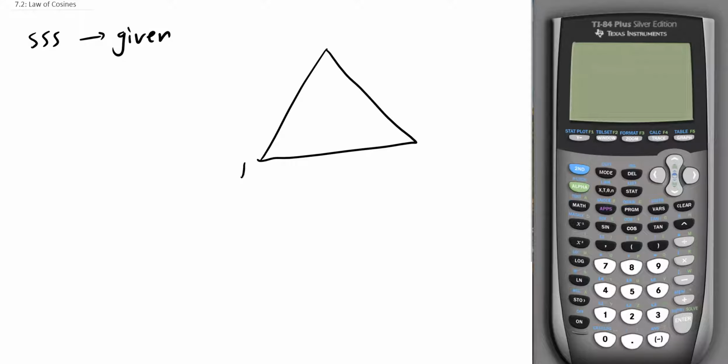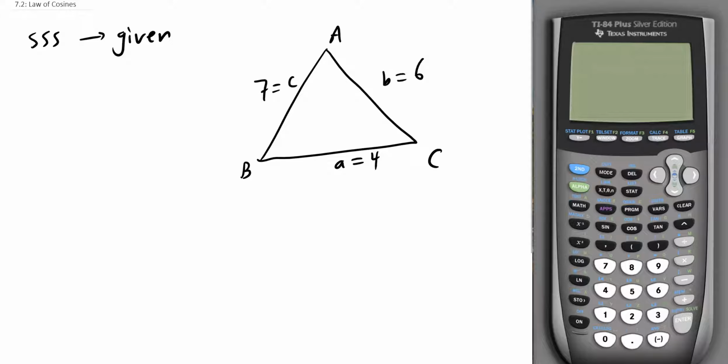Now the question is, what if we run across a case where the three sides are given. So let's say we have triangle ABC, and just randomly, let's pick the numbers 4, 6, and 7.